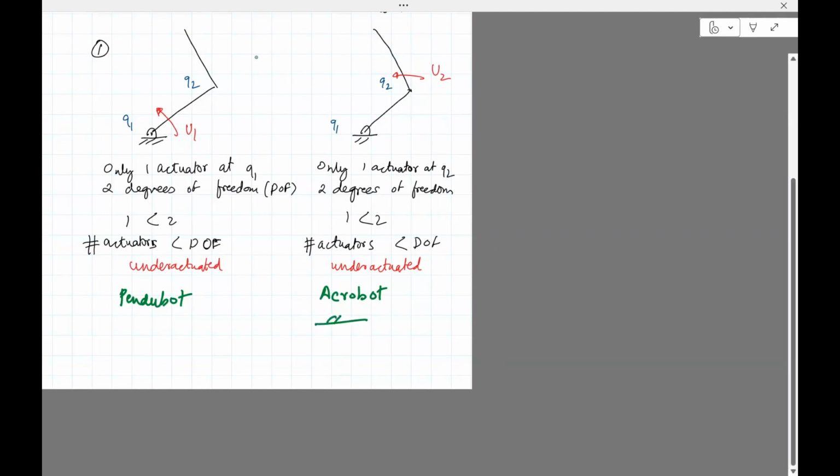If an acrobat is swinging on one of those poles, the person can apply a torque using their body joint, but they cannot apply a torque with their hands, and that's why the name acrobot. So think of this as a person's hand, and this as a person's body. You can only torque the body, but you cannot put torques at your hands. So I'll show you how to control the system.